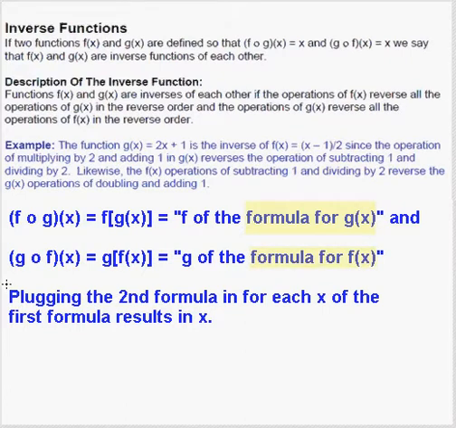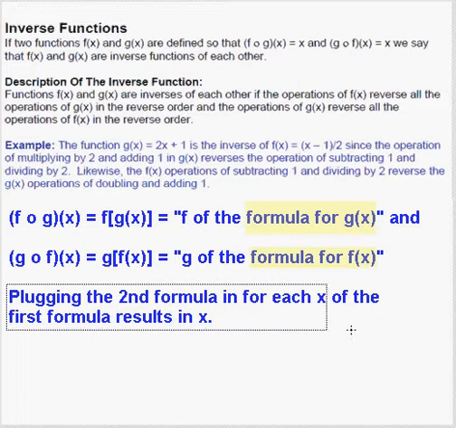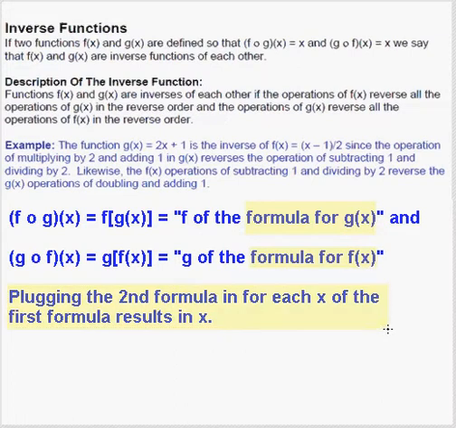And paraphrasing this, plugging the second formula in for each x of the first formula results in something that simplifies to x. If this is always the case both ways, then f of x and g of x are inverses of each other.